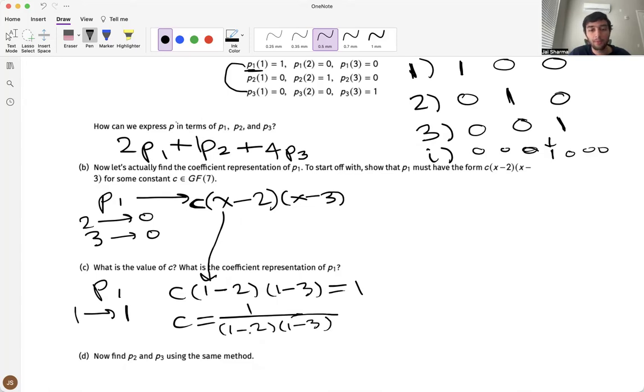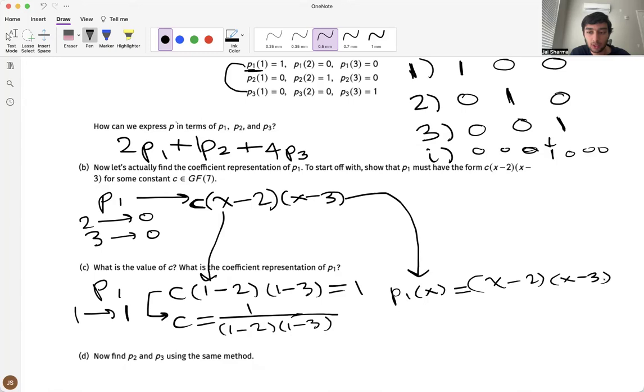I'm just rearranging this. So if I were to write P1 of x out again, it is x minus 2 times x minus 3, divided by 1 minus 2 and 1 minus 3.